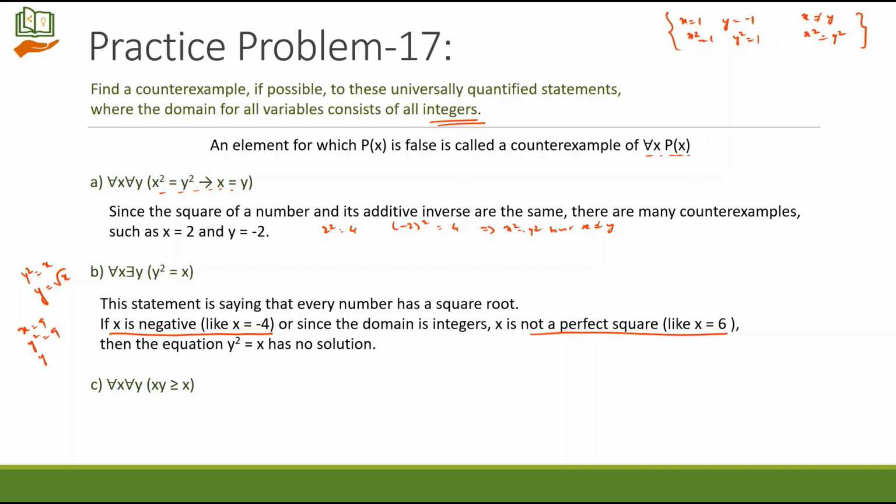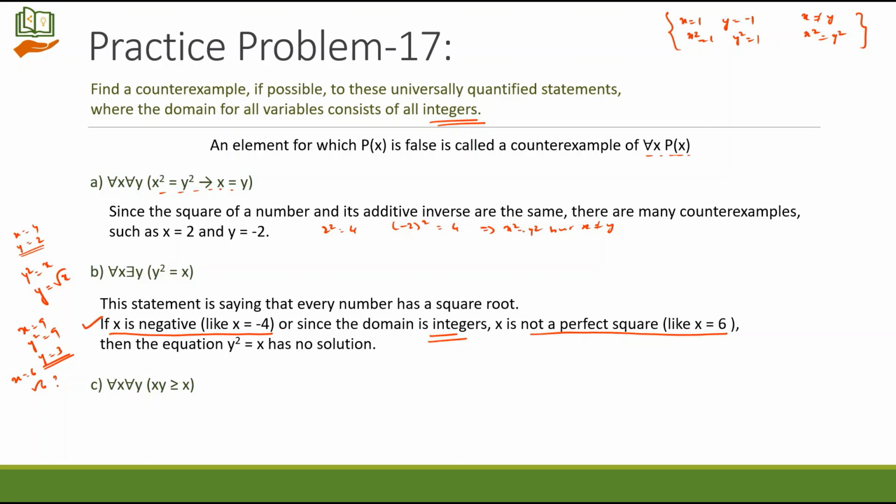Ultimately, y is equal to 3. This will be the square root. When x is equal to 4, then y is equal to 2. This is the square root. When x is equal to 6, what is root of 6? This root of 6 will not fall under integers domain. So we can say this does not have solution in integers. So what is the counterexample? This can be the counterexample.